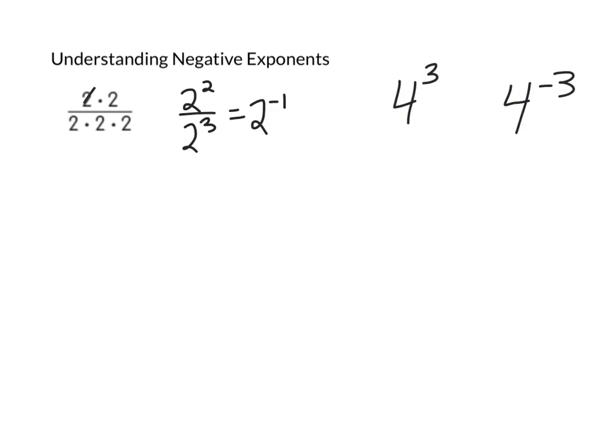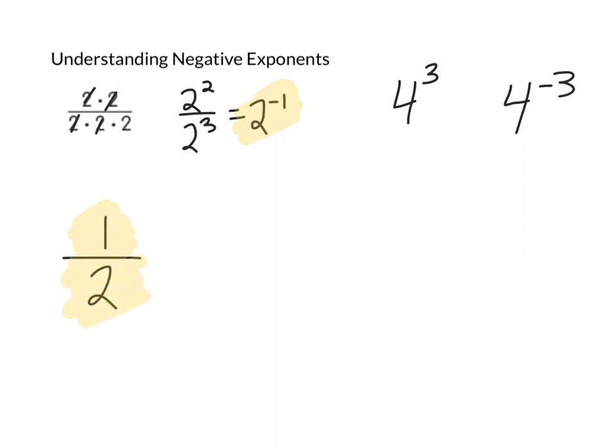So we could cancel out these 2's here, and we could cancel out these 2's here, and we would be left with just nothing on the top, so we're going to say there's a 1 on the top. And on the bottom, we're left with 2. So when we simplified it the first way, we got this for our answer, 2 to the power of negative 1. When we simplified it the other way, we got 1/2 for our answer.